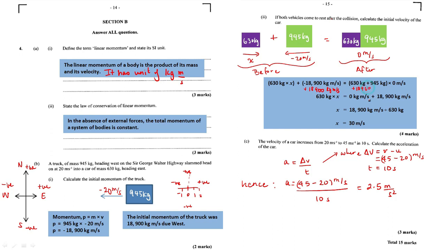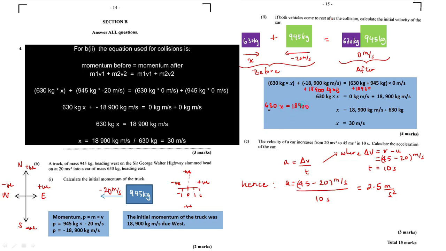Now we have 630x equal to 18,900. Because this is a multiplication, we divide both sides by 630, ignoring the units for now. To get rid of the 630 and just solve for x, you divide both sides by 630, and you will get 30 meters per second.